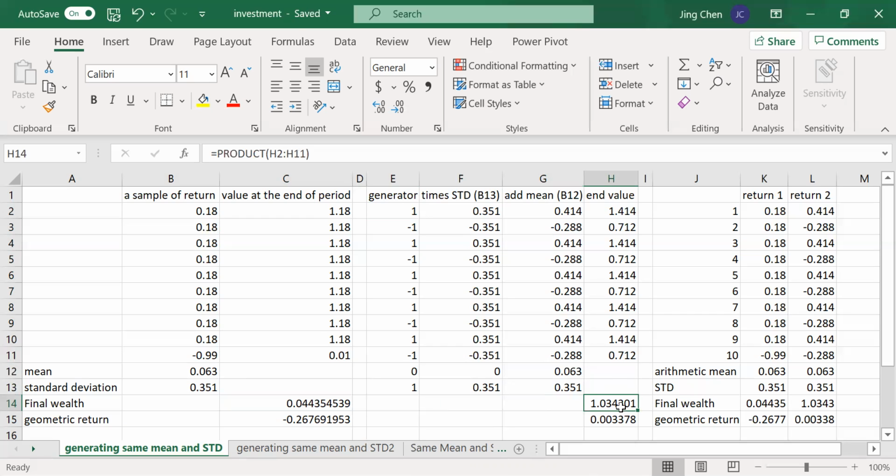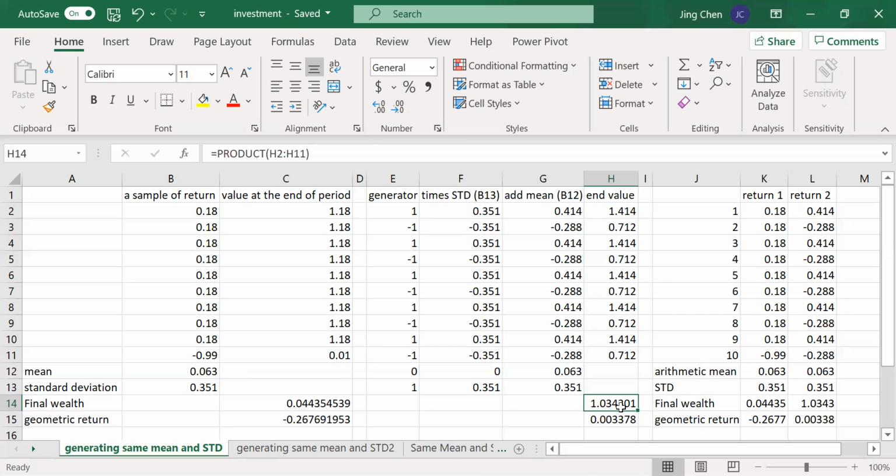So you see, even with the same standard deviation and mean, the final investment result can be very, very different.